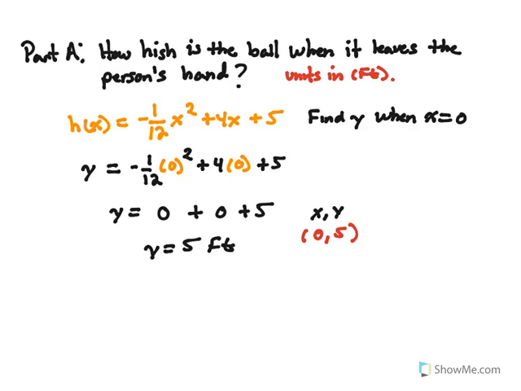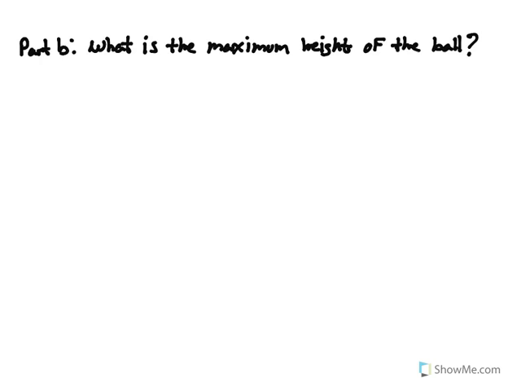My next question is: what is the maximum height of the ball? The key thing that we're going to realize here is that we're going to set y equal to 0 to find the max height.